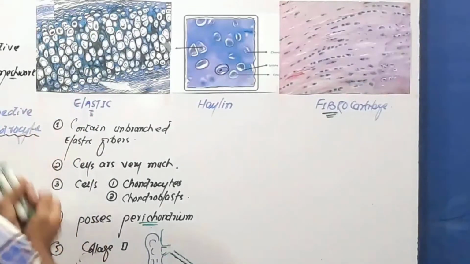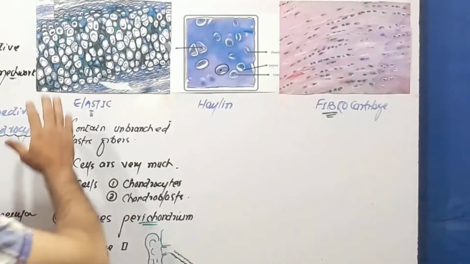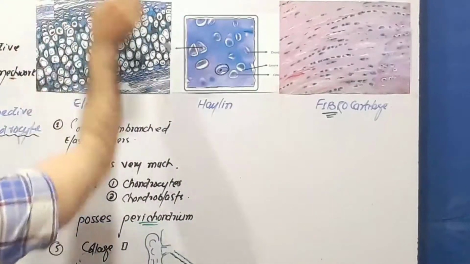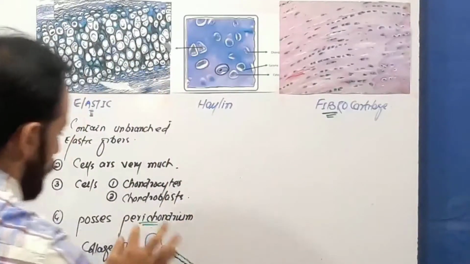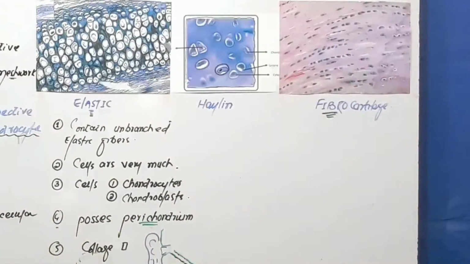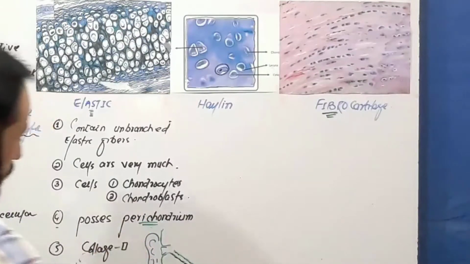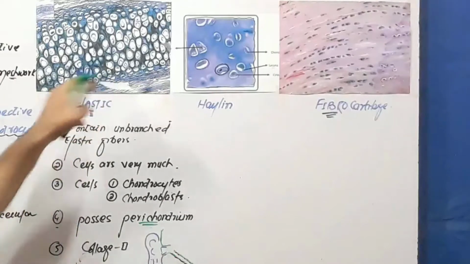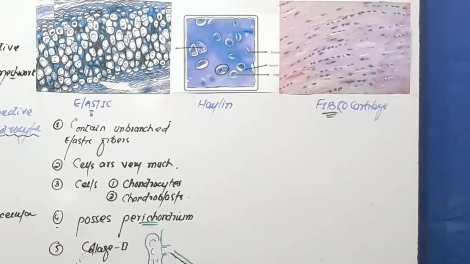If you look at elastic cartilage under a microscope, on its surface from all sides there will be a connective tissue membrane called perichondrium, and you will see a little bit of collagen type 2 fibers, right? And the location: pinna of external ear, external acoustic meatus, and eustachian tube. In these locations elastic cartilages are found, clear friends.